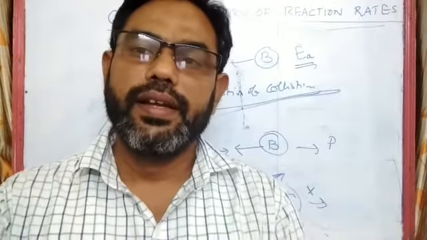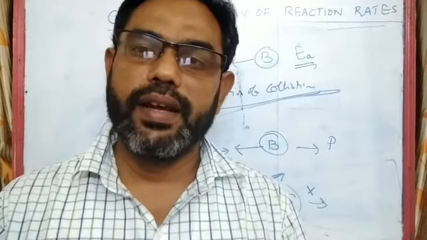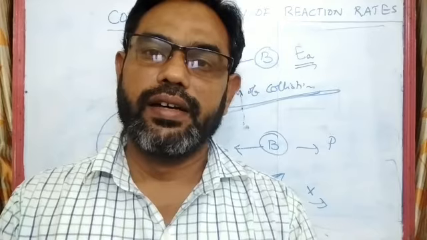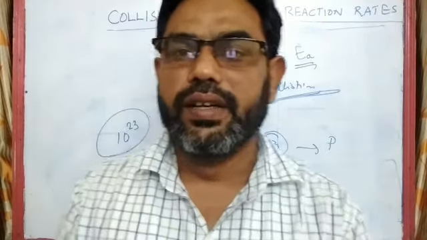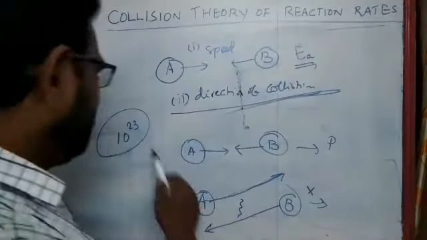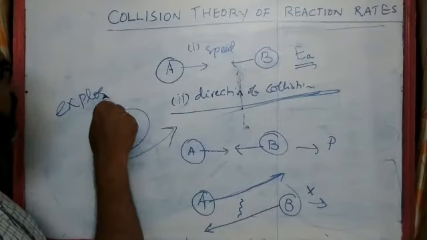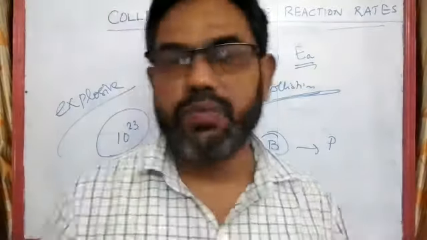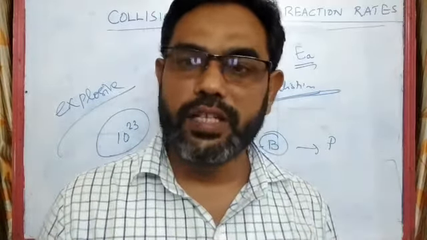So if all the molecules collide, then the reaction should go at 10 power 23, or something very great. So the reaction must go at an explosive rate. All gaseous reactions must go at an explosive rate, but practically not all gaseous reactions go at an explosive rate.